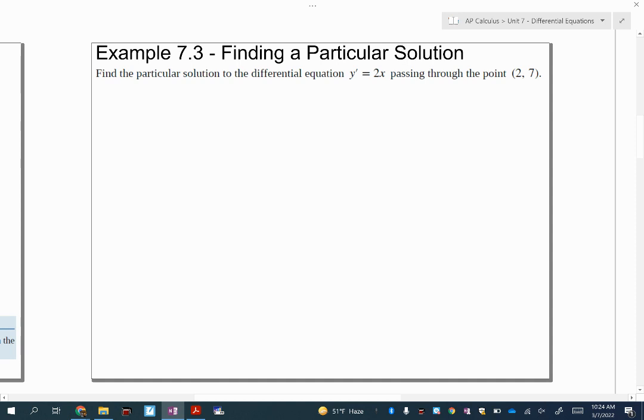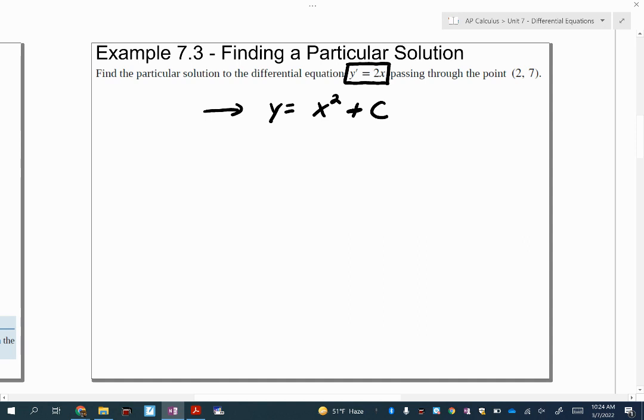And I know that if I had y equals, it would be y equals x squared plus c, right? And where c is any constant, because if you take the derivative of a constant, it gives you 0. So if I take the derivative of x squared, I get 2x. So this is my general solution to this differential equation, y prime equals 2x.